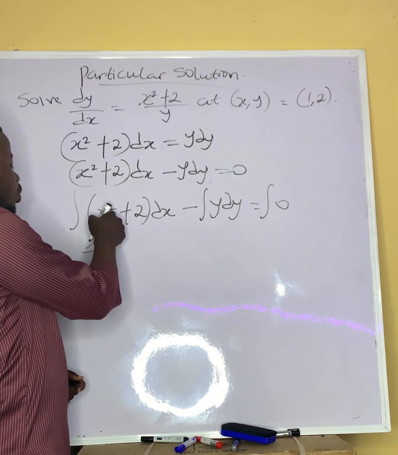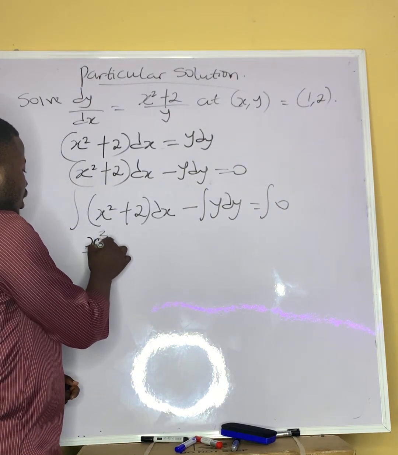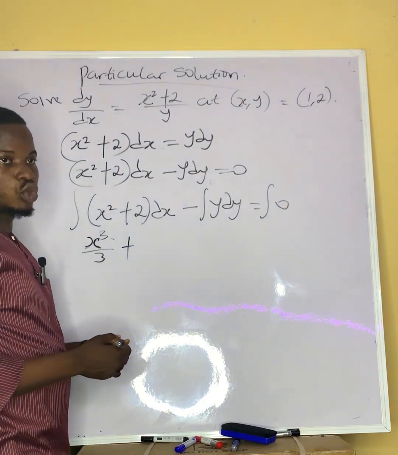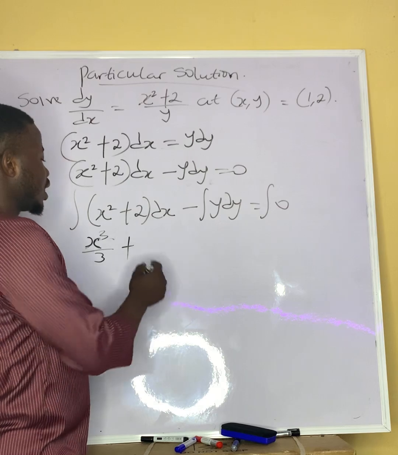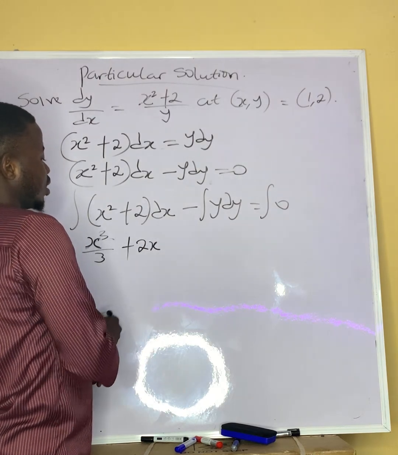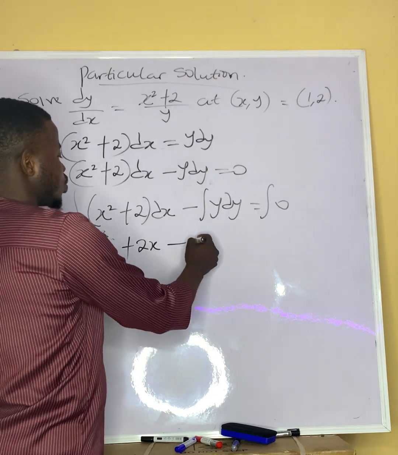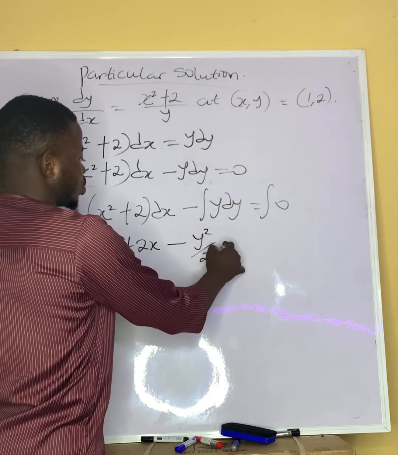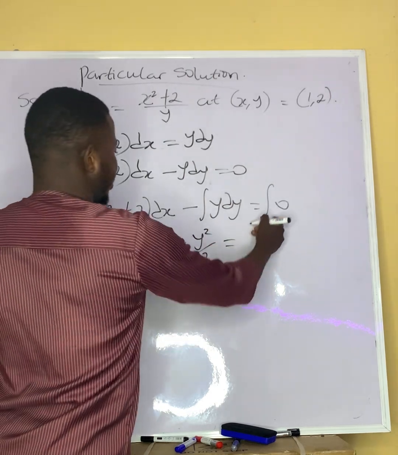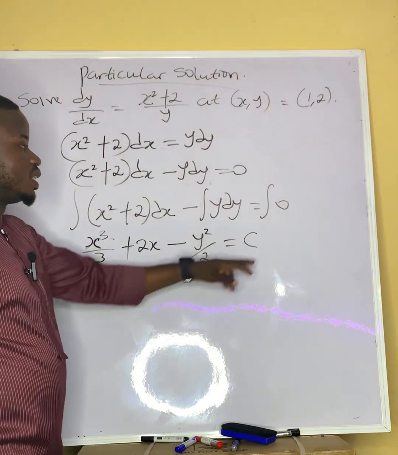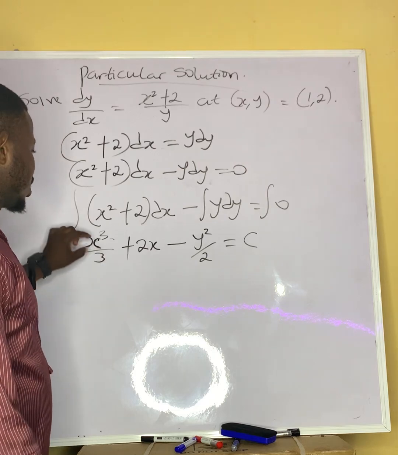So integrating x squared gives us x cubed over 3, plus integrating 2 with respect to x gives us 2x. Now here we have minus integrating y with respect to y, that will give us y squared over 2, equals integrating 0, which will give us a constant c.